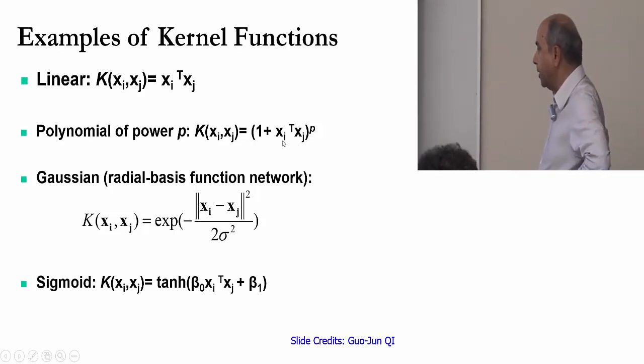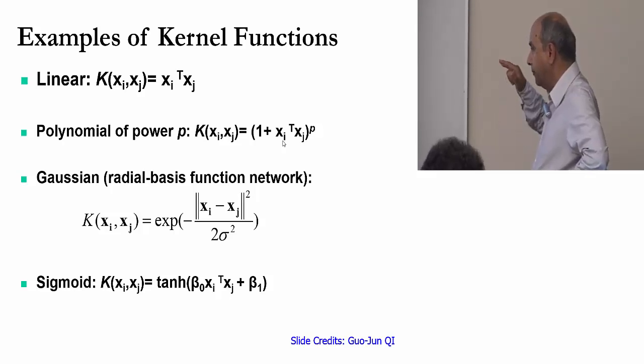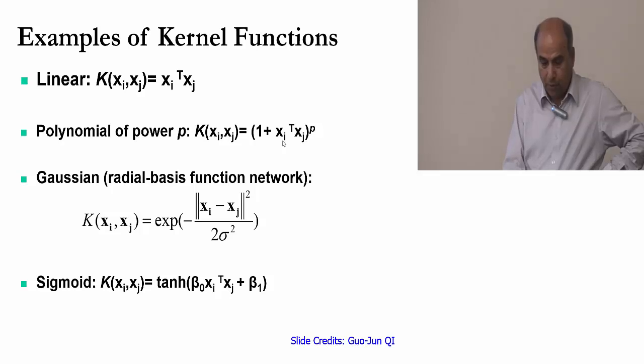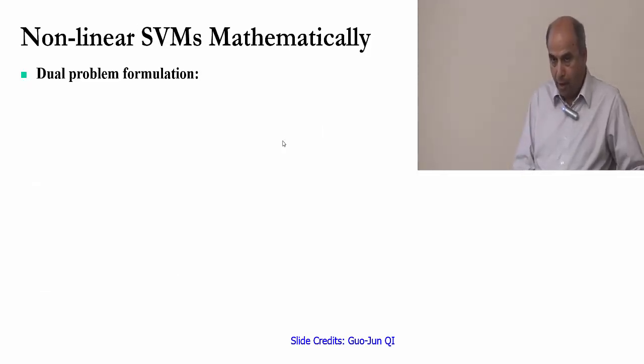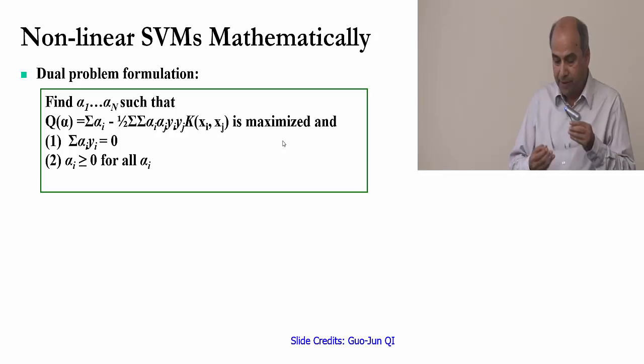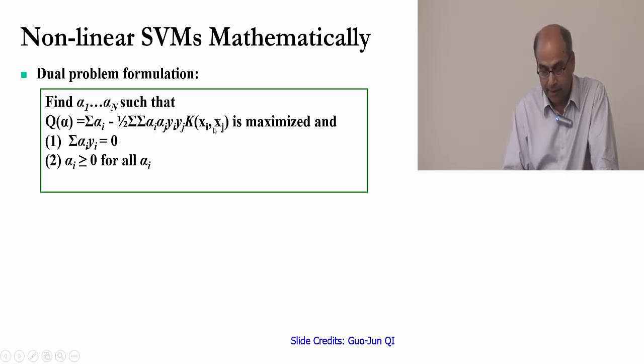Then there are other kernels, such as the sigmoid kernel, which takes beta 0 and beta 1, finds the dot product of xi and xj, and then applies the hyperbolic tangent. So the nonlinear SVM, once you understand the linear SVM, is very simple. The only difference is that instead of xi, xj, we have k of xi, xj, and that's the kernel.